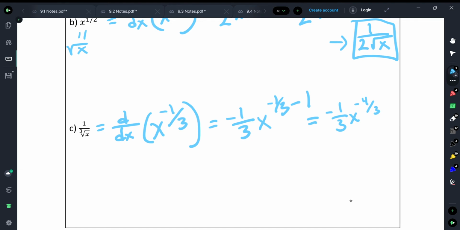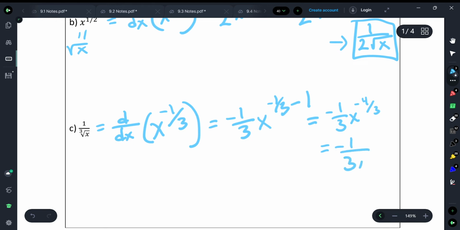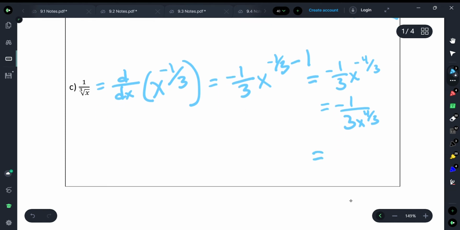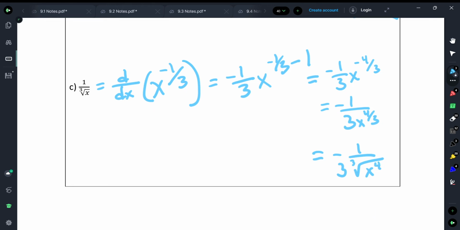Capiche? All right, so let's write this out again. We know this is going to be here at the bottom. Okay, so we got our negative here. We got our 3. We got x in here. So we know that this is going to be the cube root, and then an x to the 4th is on the inside. So we can simplify that.